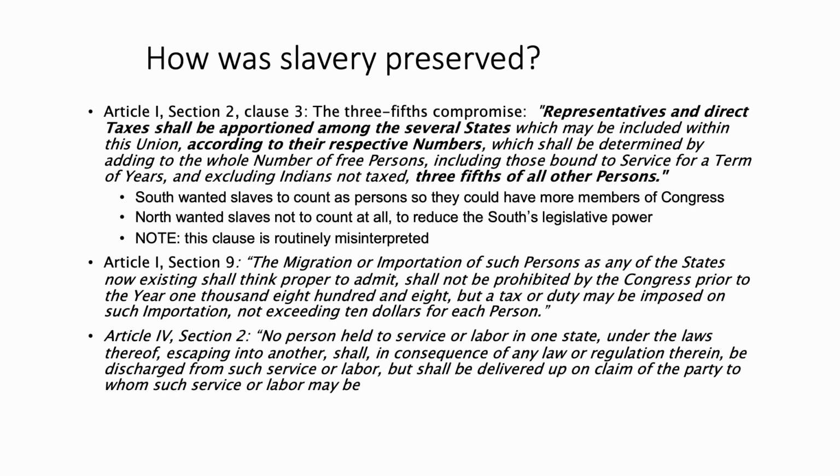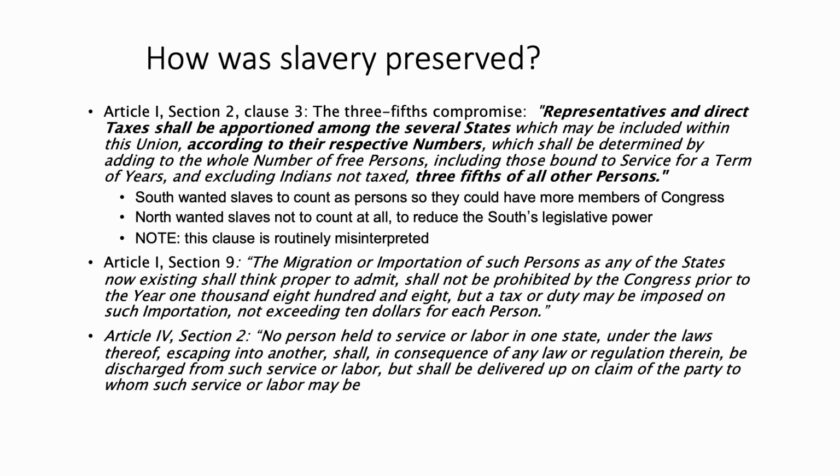The preservation of slavery that I mentioned as part of the original Constitution included several different things. And these are the provisions that are most important. The first was Article 1, Section 2, Clause 3, which is called the 3/5 Compromise.